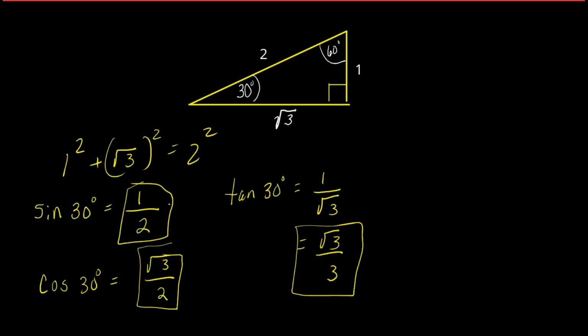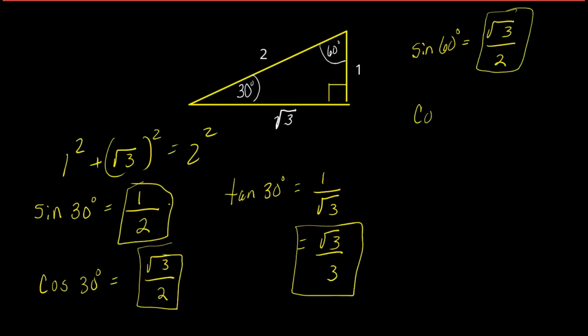To solve for the 60, so the sine of 60 degrees, that'd be opposite over hypotenuse, so that'd be square root of 3 over 2. That's my final answer.